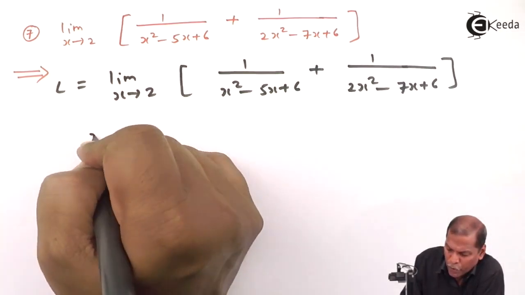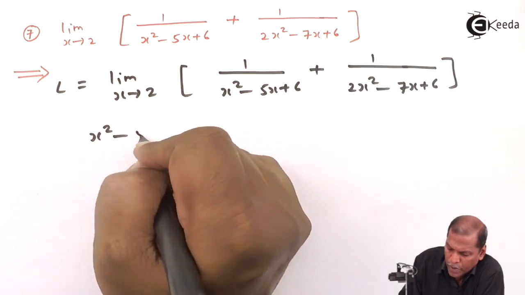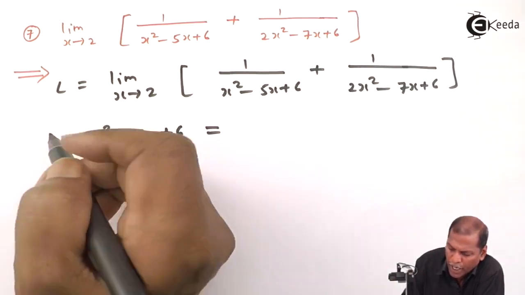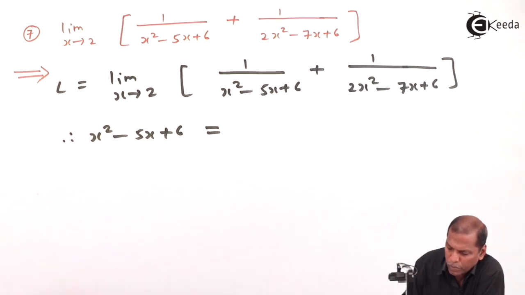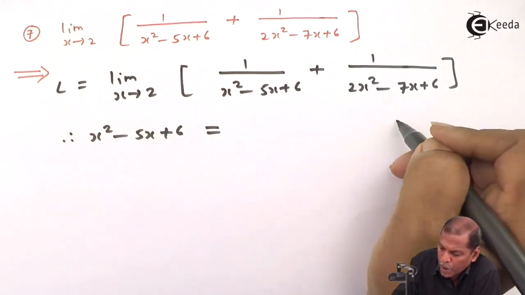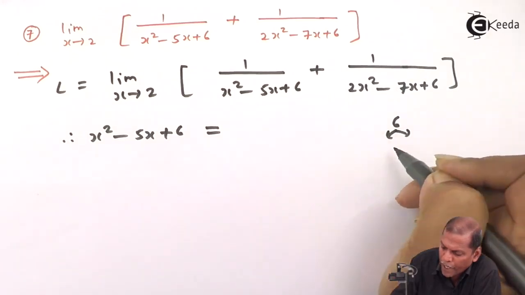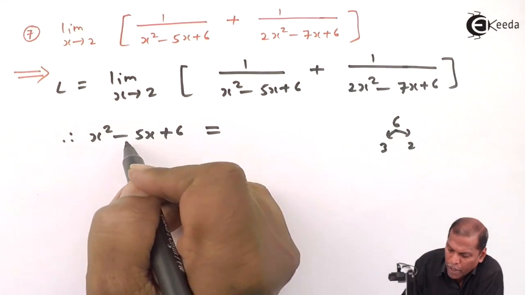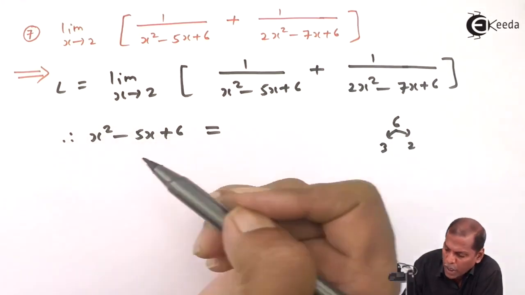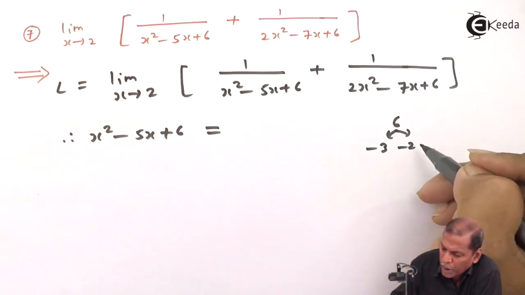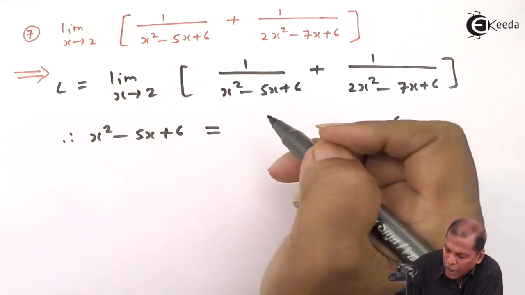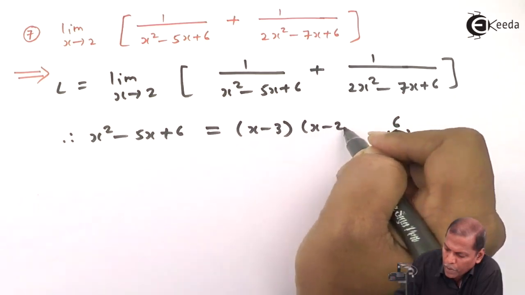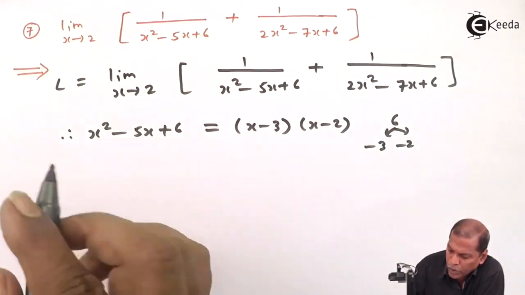First we start with x² − 5x + 6. The last term is 6, which can be factorized as 3 twos are, but we require −5 as the middle term, so we write −3 and −2, and the required factors are (x − 3)(x − 2).